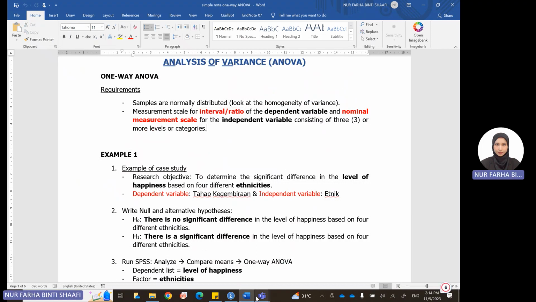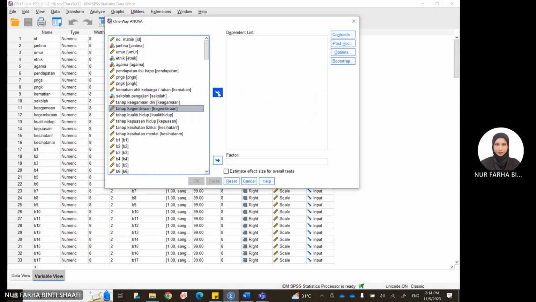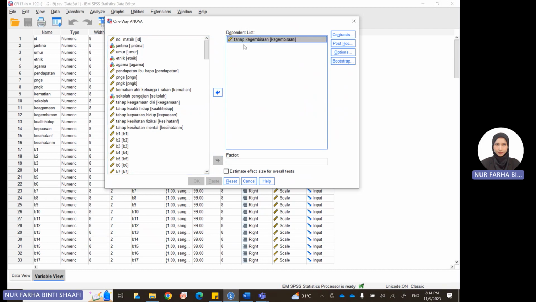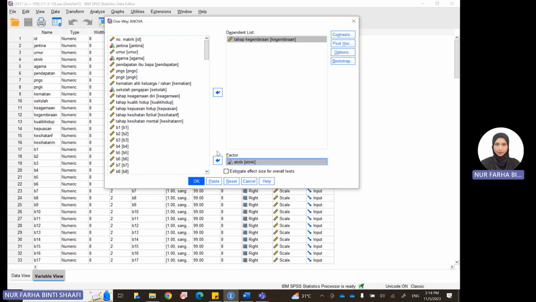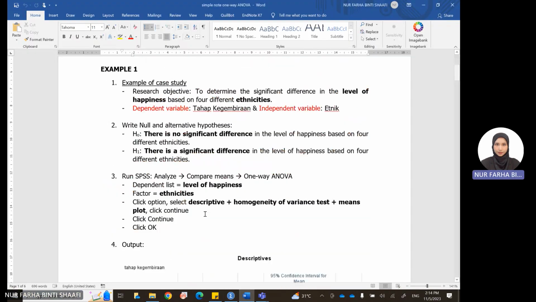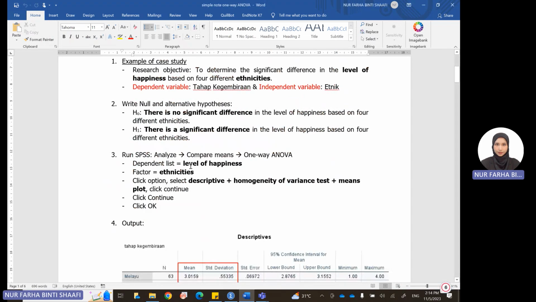So click here. You have put the tahap kegembiraan under dependent list. Meanwhile, the other one you need to put is ethnic, because in your research objective you are looking at 4 different ethnic groups. So you put it under factor. You have put your dependent list, level of happiness, and the factor, ethnicity.